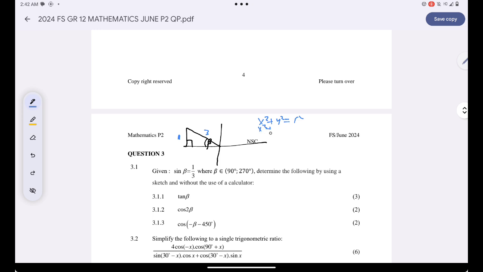We don't know x squared, but y is 1, and then r is 3. x squared is equal to 9 minus 1, which is 8. Then x is the square root of 8, which is 2 root 2, I believe. So we have 2 root 2.